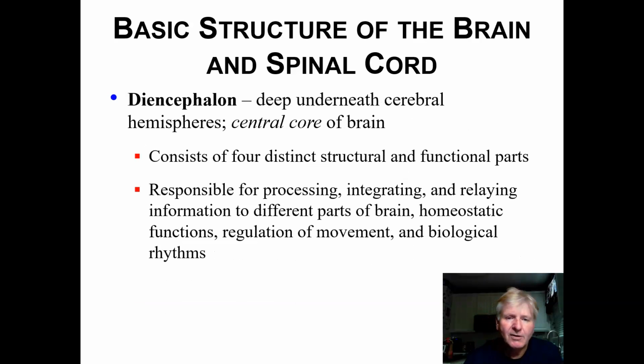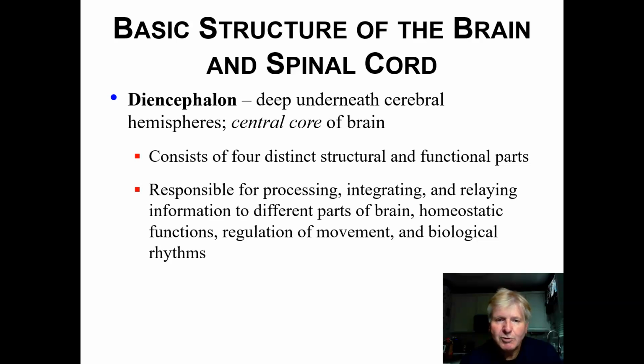Now, the diencephalon, the second division of the brain, is deep underneath the cerebral hemispheres, and this lies at the very central core of the brain. The diencephalon is comprised of 4 distinct structural and functional parts. It includes the thalamus and hypothalamus and pineal and pituitary gland. So these structures are responsible for processing and relaying information to different parts of the brain, as well as integrating that information.